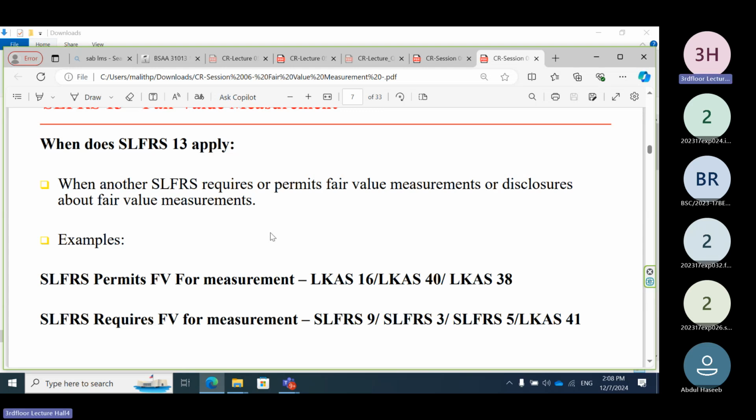Accordingly, we decide your measurement method. Instruments you are keeping till maturity, you have to use amortized cost, and the assets you are keeping for trading purposes, you value at fair value.